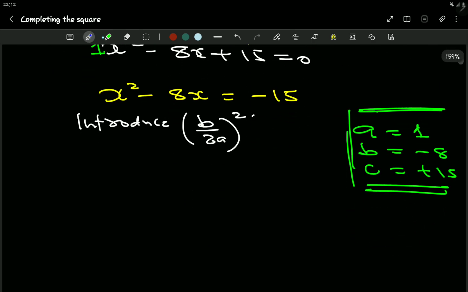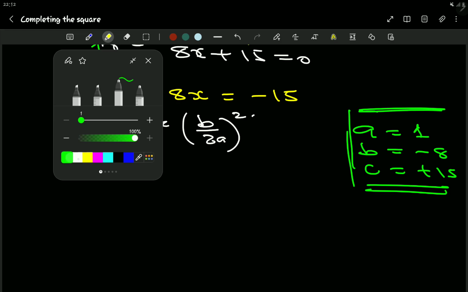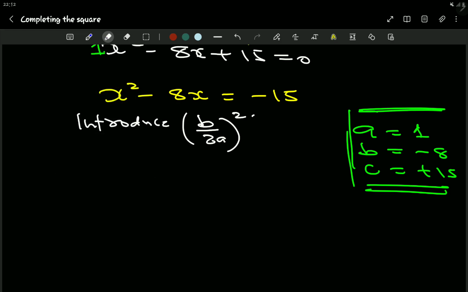Since I have my b and my a, I can simply put them into that expression. So my b is negative 8, so negative 8 all over 2, but a is 1. And most of the time a will be 1, because you will have simplified it by dividing all the way.